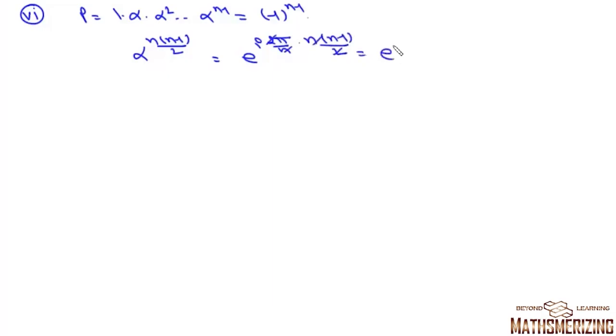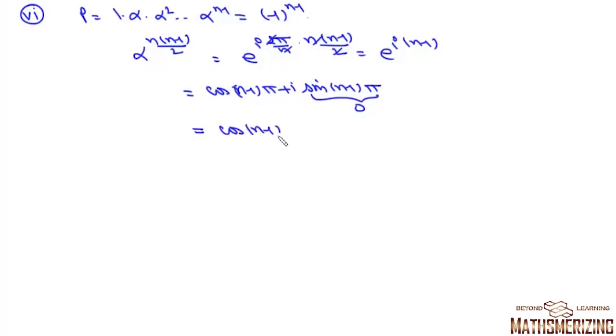We'll get this as e to the power iota (n minus 1) pi, which is cos (n minus 1) pi plus iota sine (n minus 1) pi. Now sine n pi will be 0. So this product will be equal to cos (n minus 1) pi.